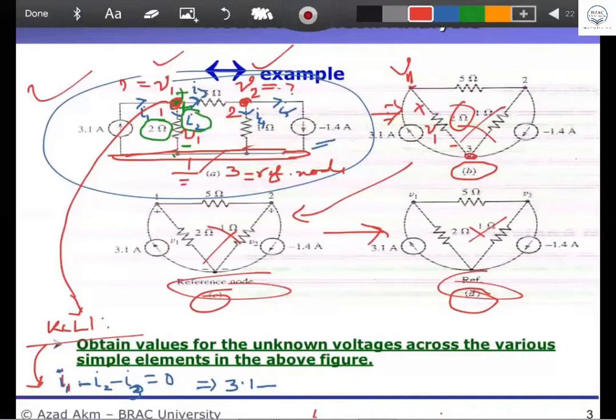Here the current across the resistor is 3.1, and this is the voltage for the first node V1. So the voltage will be the same. No, I'm going to draw it again, then you can understand it clearly.